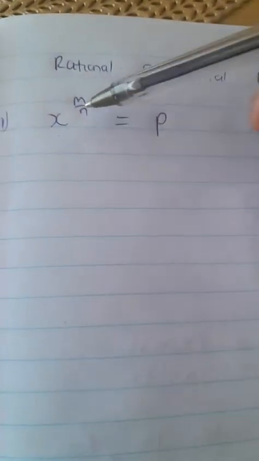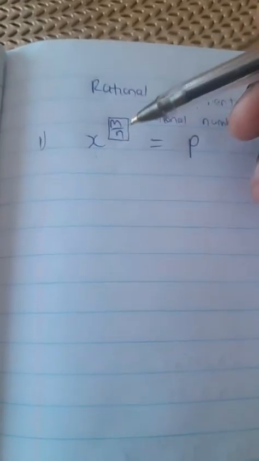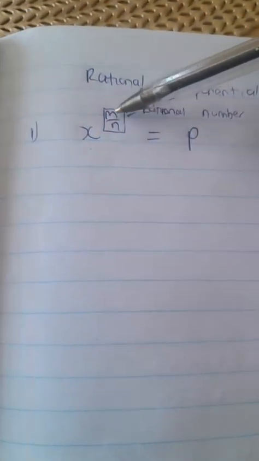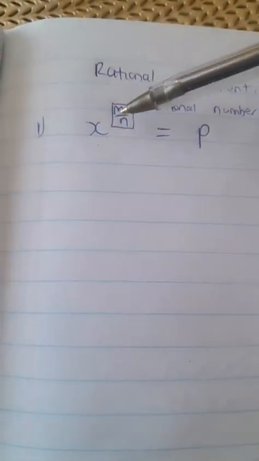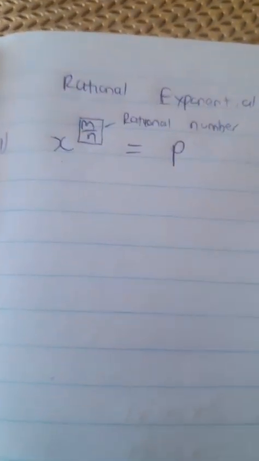All right. So I'm sure you guys can see what I have on the screen there. I have x to the power m over n. So this here, m over n is what we call a rational number. Okay. Why is it a rational number? Remember that a rational number is a number that has a numerator and a denominator.